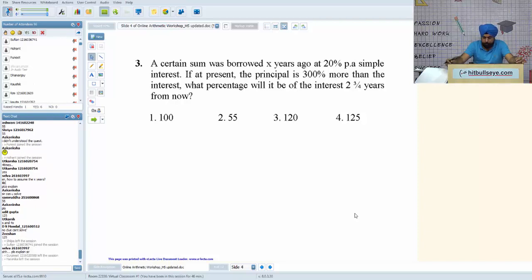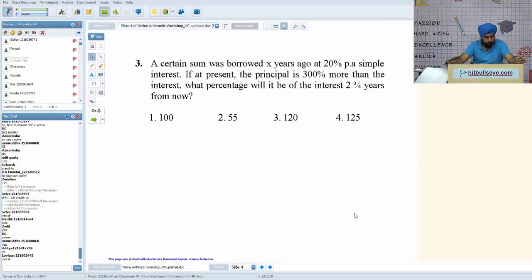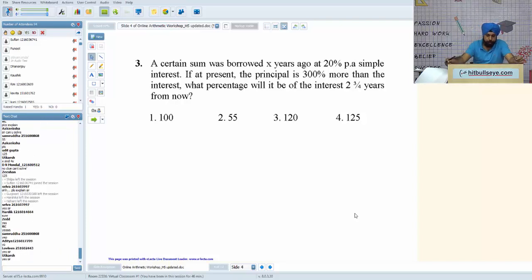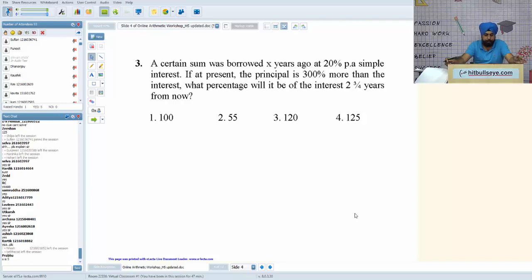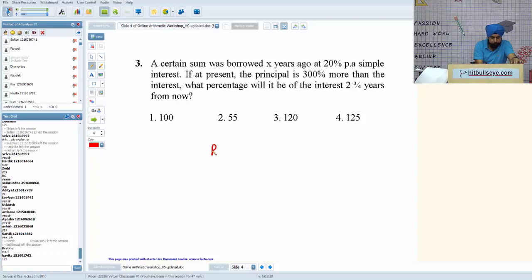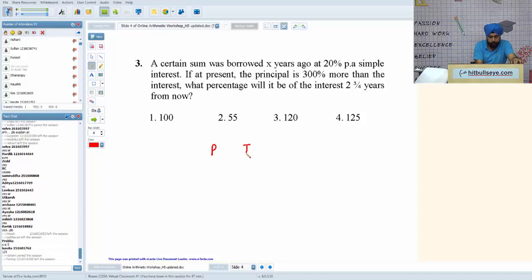Okay, students, so shall we start the discussion on the same? Okay, see, 1. He says X years ago it was 20% per annum simple interest. Now that would only help us to get to know that the rate of interest is 20%. Now at present the principal is 300% more than the interest.